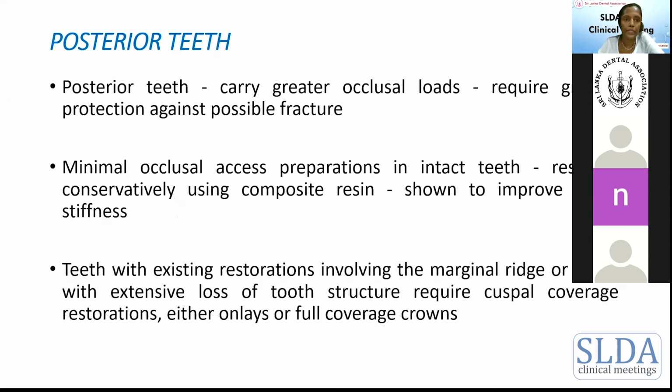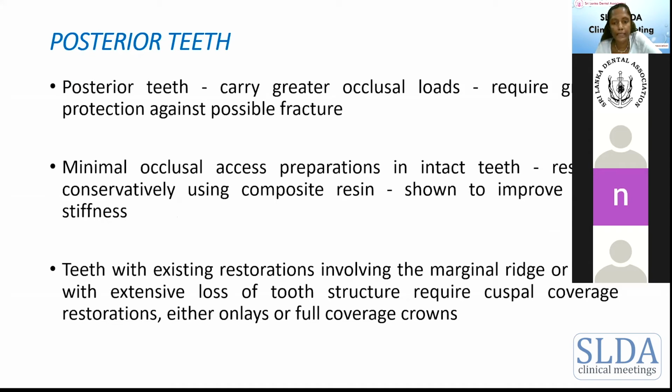Whereas posterior teeth carry a greater occlusal load, and need protection against possible fracture. Therefore, with minimal occlusal access preparations in intact teeth, even in molars, you can use composite conservatively to restore, and it has been shown to improve the stiffness.